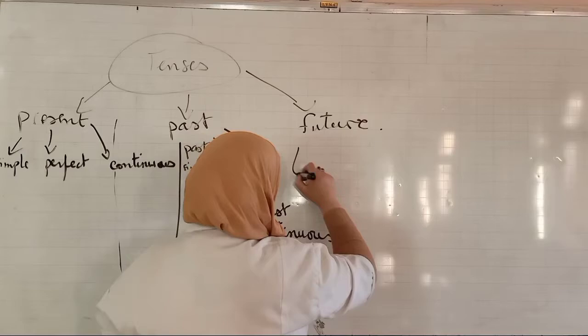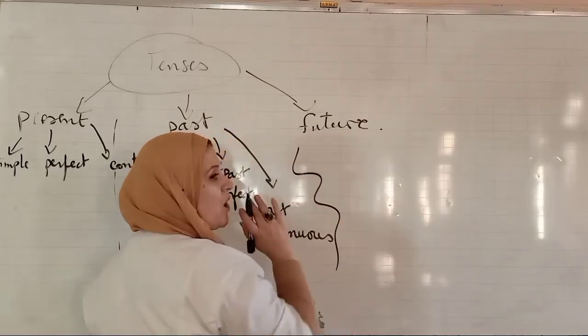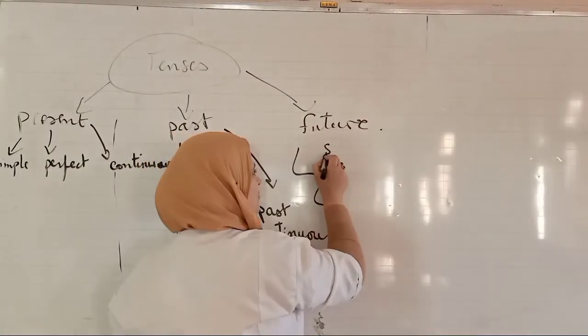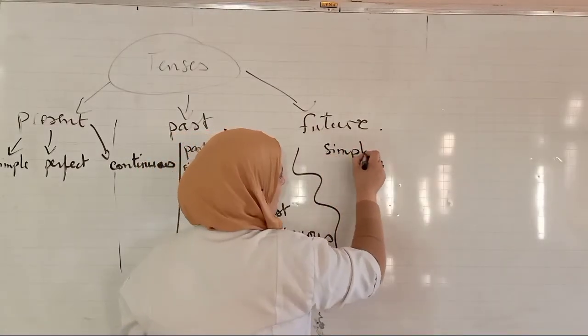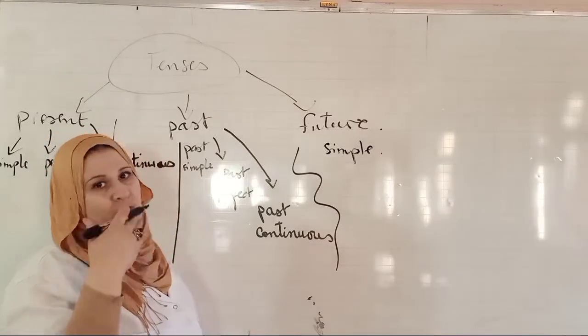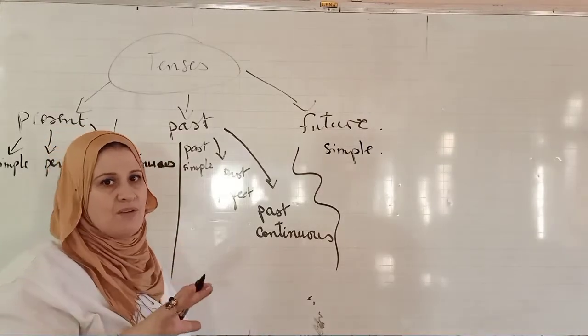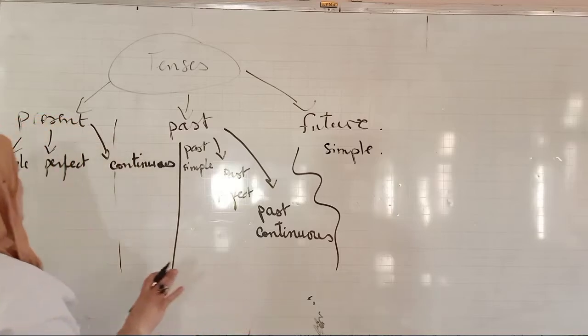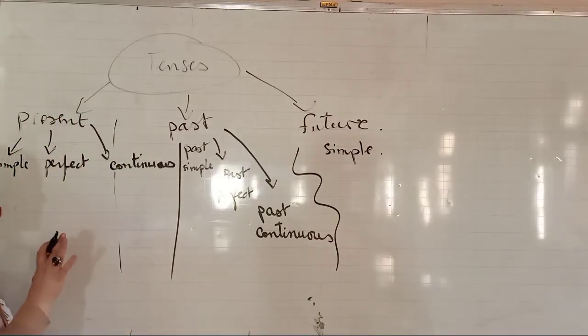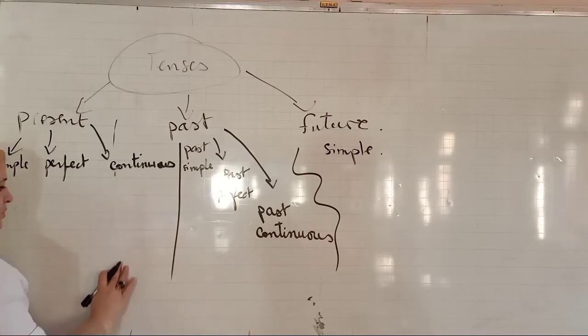And for the future, of course, we have other tenses, but we use only the future simple, in our text, in listening or speaking or any other phase. Okay, so we are going to start with the present simple tense as the first point.